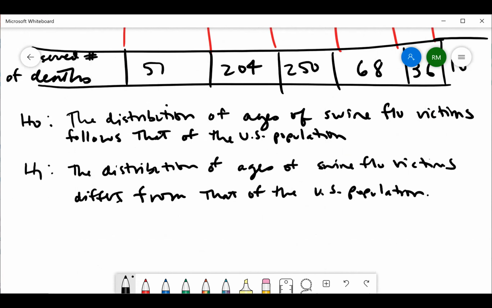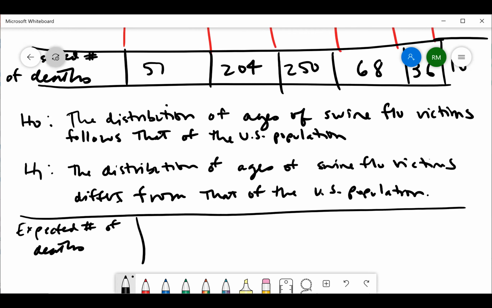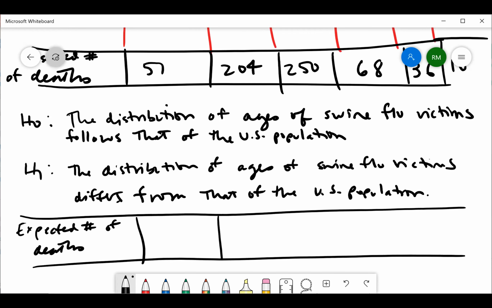So the expected number of deaths for each age group, following the same age groupings as before, would look something like this. And notice that we're going to use them as decimals.